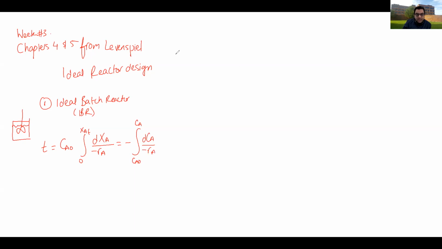The second reactor we covered was the CSTR, or your mixed reactor, or continuously stirred tank reactor, right? And this is usually referred to as CSTR.